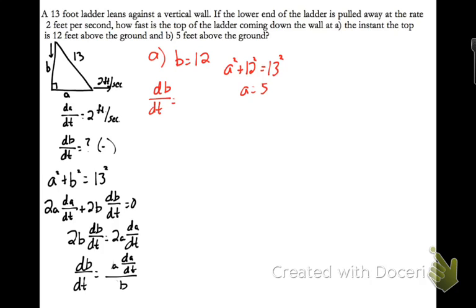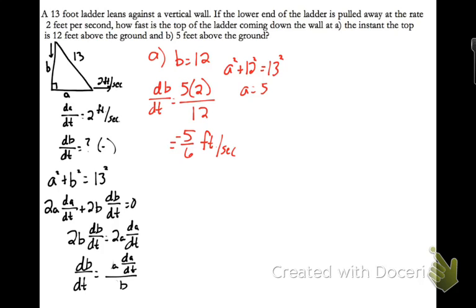So dB/dt is 5 times dA/dt, which we know is positive 2, divided by b, which is 12, which means that dB/dt is 5/6, and this would be feet per second. But we need to know that it's negative because it is falling down, so b is shrinking.